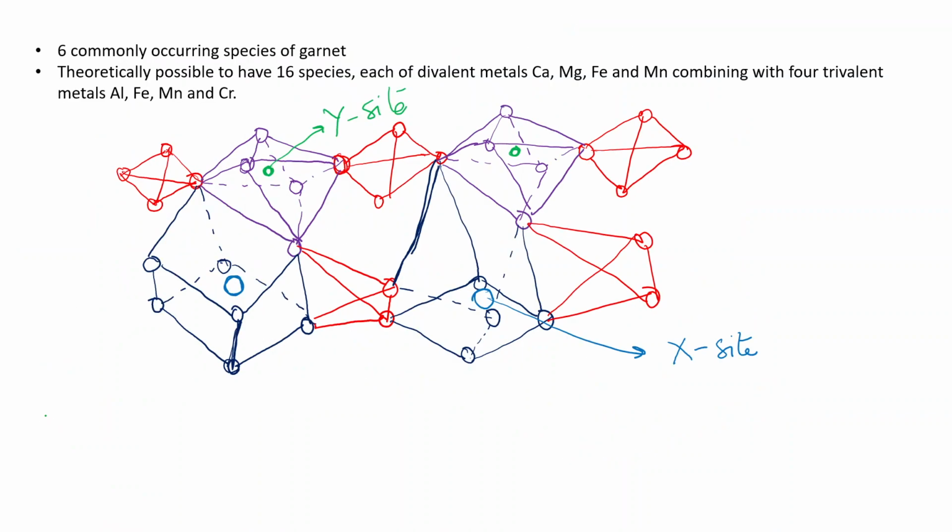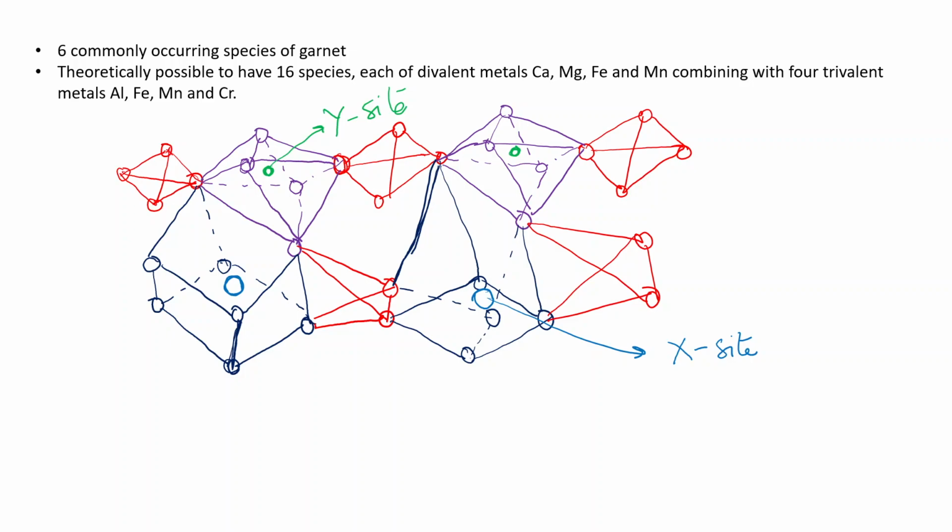All right. Now, there are 6 commonly occurring species of garnets, as I have already told you, that is ugrandite and pyralspite. But theoretically, it is possible to have 16 species. Each of the divalent metals like calcium, magnesium, ferrous, and manganese combines with 4 trivalent metals of aluminum, ferric, manganese, and chromium.